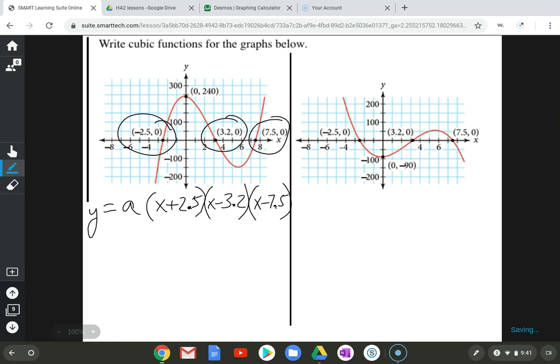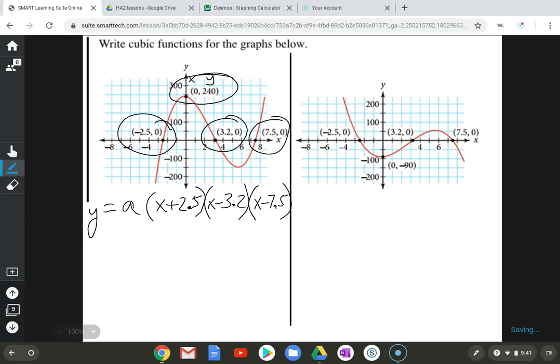And how do we find a? That's where this extra point comes in. Any point on the graph will work, but the easiest one to use is the y-intercept. So let's go ahead and just plug this in, and then I'll recap. Our y-intercept, remember, this is an x, this is a y.